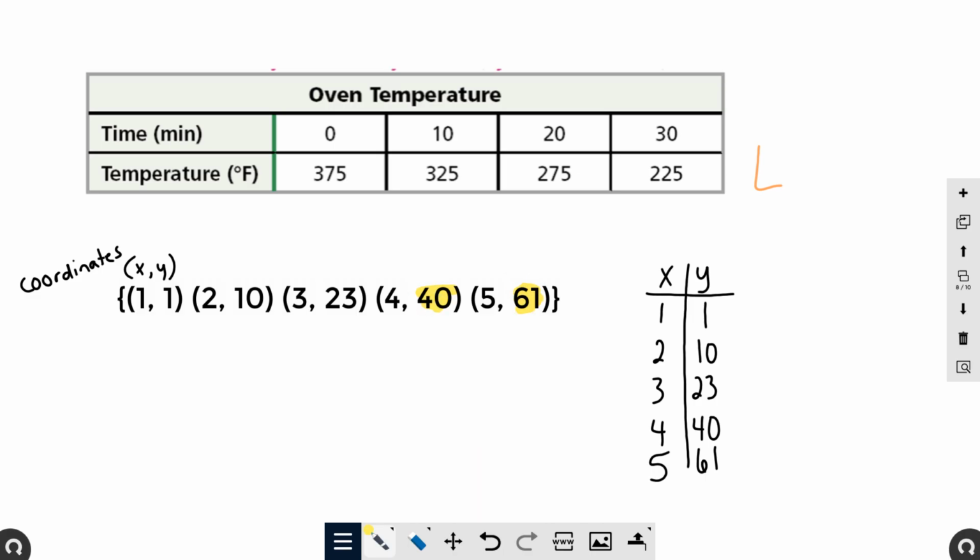You could say, okay, these are my Y values. What's going on with them? But don't forget to check your X values to make sure that they are consistent. 1, 2, 3, 4, 5. Those are what's happening with the Y values.